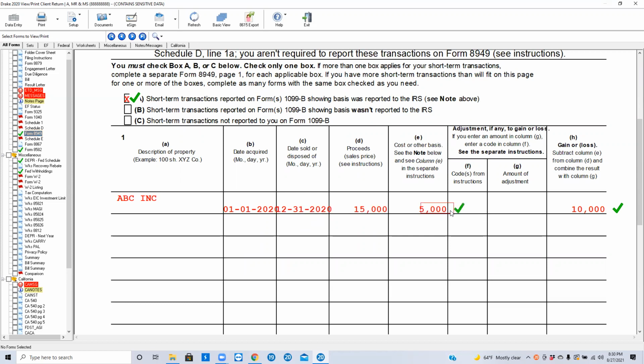It was bought at 5,000 and sold at 15,000. Well, in this situation, that means he's lucky, he made 10,000. So this is a short-term capital gain. This short-term capital gain needs to have tax paid on it.